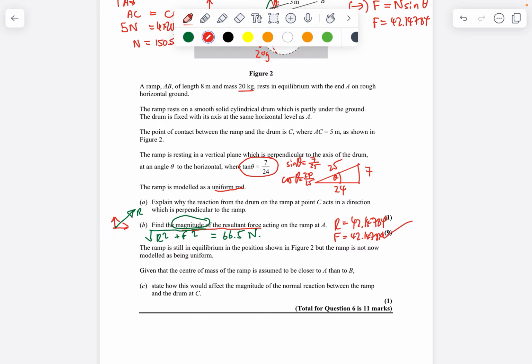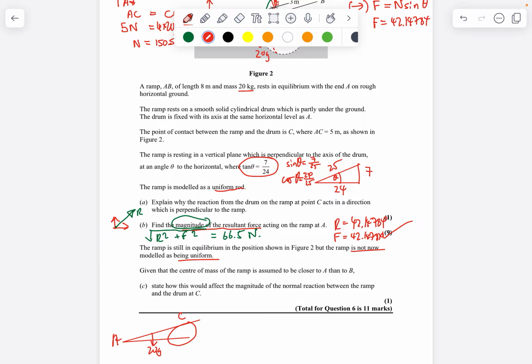Okay, right, so now given that the centre of mass is assumed to be close to A and B, because this is not now uniform, so our weight vector would move. Remember we've got our ramp, cylinder, ground, and now let's say our 20G is closer to A than C. How would that do?